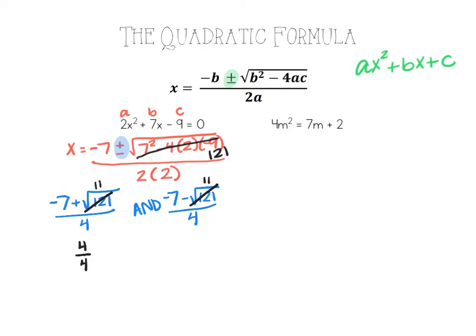Negative 7 minus 11 is negative 18. So x is going to equal 1 and x is going to equal negative 18 over 4. Now I can simplify that by dividing by 2, which would make it negative 9 over 2. Or I can change that into a decimal, and negative 9 divided by 2 is negative 4.5. You could see that answer either way.